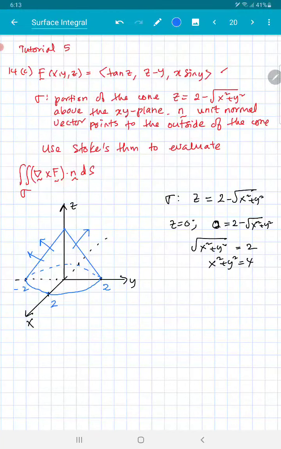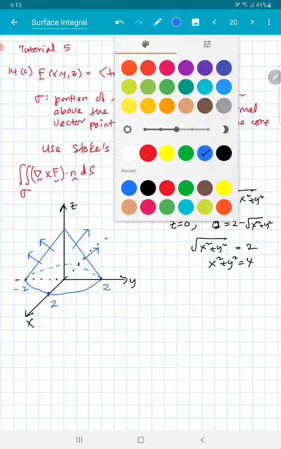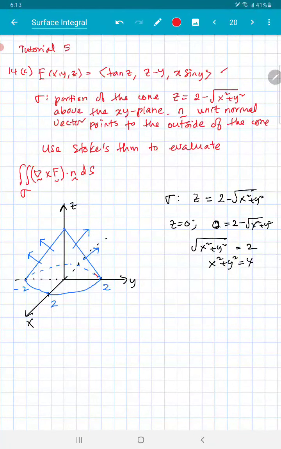From the direction of our normal vector, we can get the orientation of our closed curve. So this is our closed curve. Our closed curve is a circle of radius 2 on the xy plane.